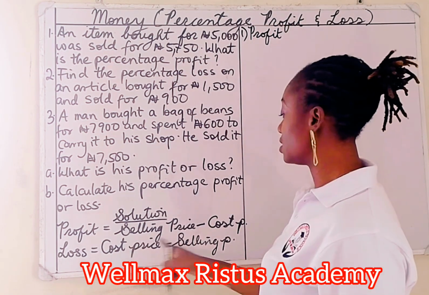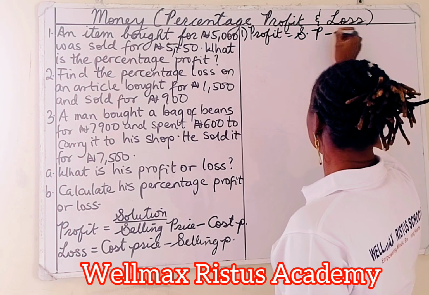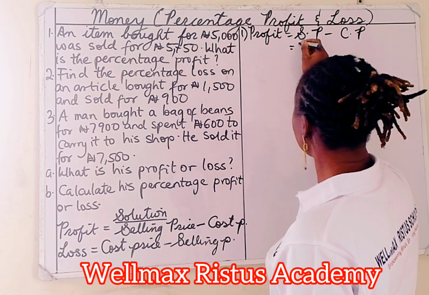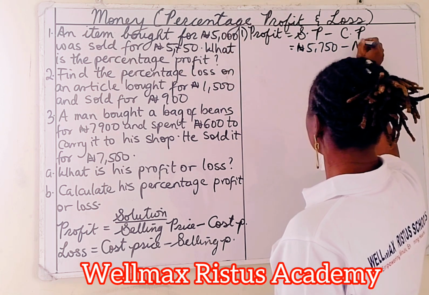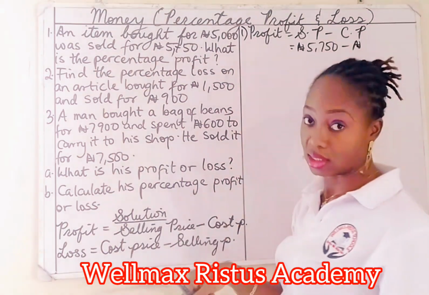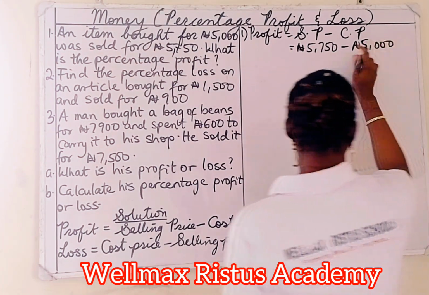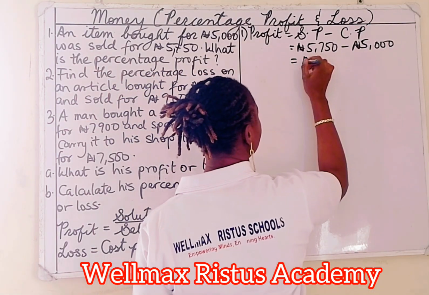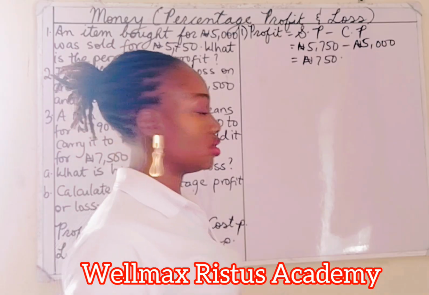From the formula it says what? Selling price minus cost price. And what's the selling price? 5,750 minus the cost price, which is the amount he bought the item for, is what? 5,000 naira. And when we subtract these two, we're going to have 750 naira.